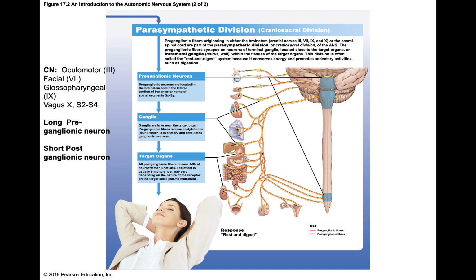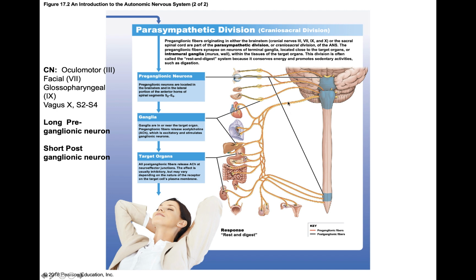So here you can see it going to the heart, the lungs, the liver, stomach, pancreas, small and large intestine, kidneys, urinary bladder, reproductive organs. Now, another thing I would like to compare here is the preganglion and postganglion fibers.